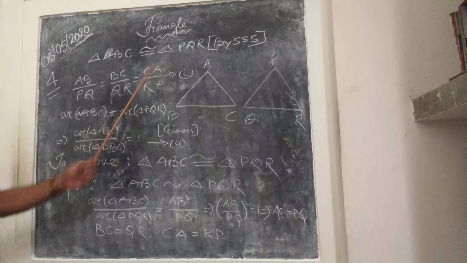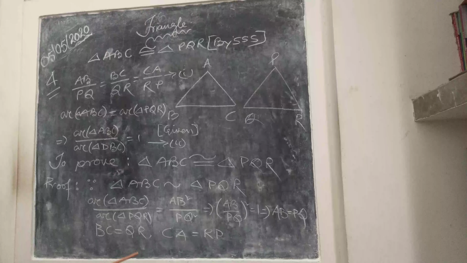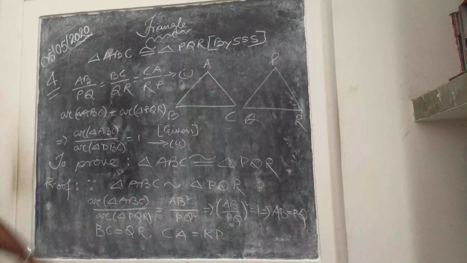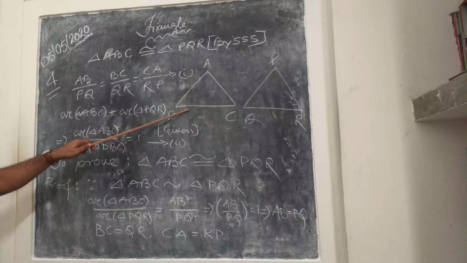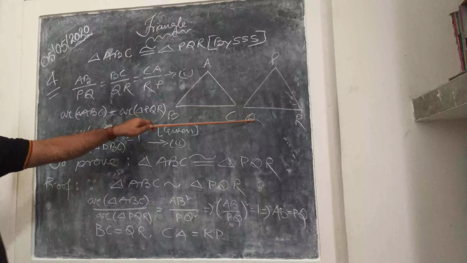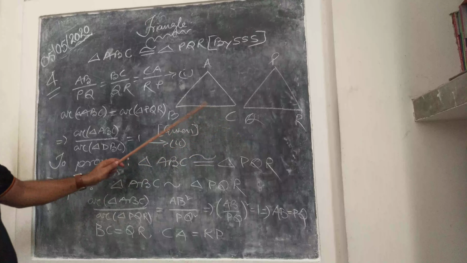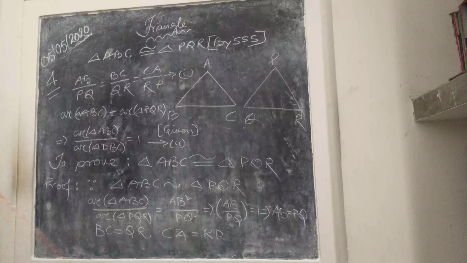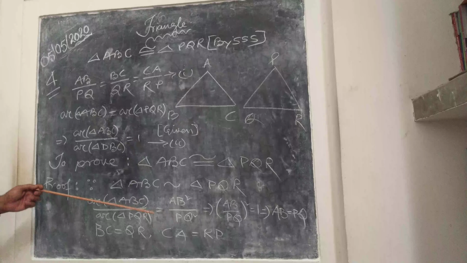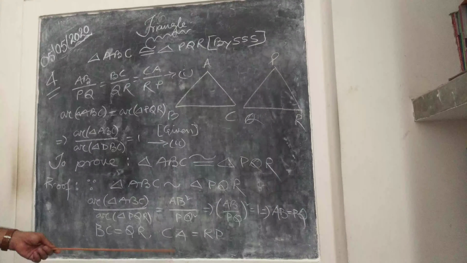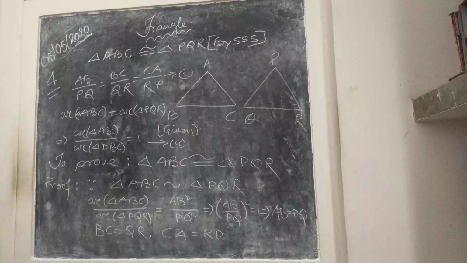You can prove it by side-angle-side, or by angle-side-angle as well. Because as these two triangles are similar, this angle equals this angle, this angle equals this angle, and BC equals QR already by virtue of this one. So it can be proved by angle-side-angle as well. I have proved it this way because it is easier than the other conditions. Okay, no need to write it two times.